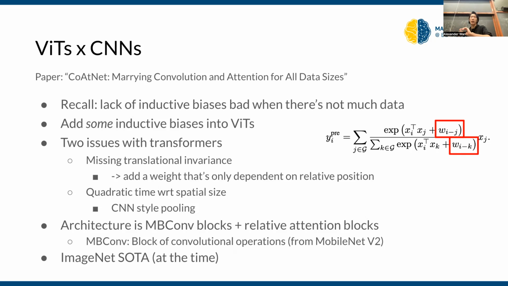This weight value is only dependent on the relative position. So we have this feature, or this token, right? And this gets projected to key, query, value. And then we have this token in the middle, which also gets projected to key, query, value, right?